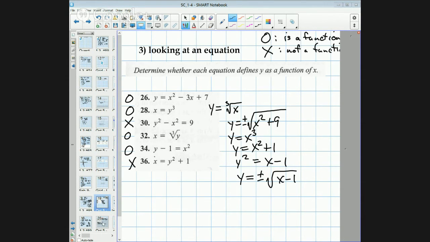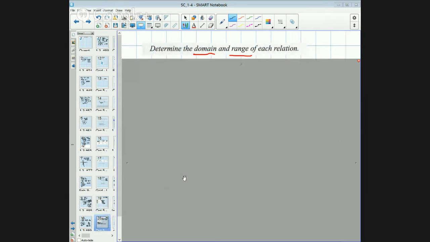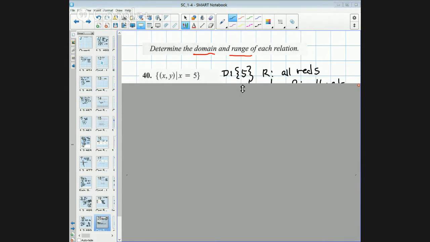Okay, so now continuing, the next thing I was going to talk about with all of you is just telling what the domain and range of a function is. So sometimes a function is named this way.